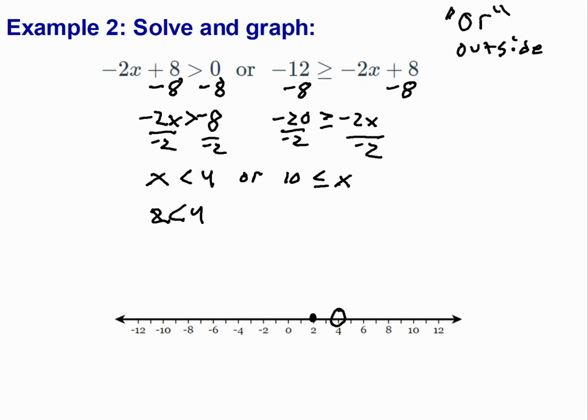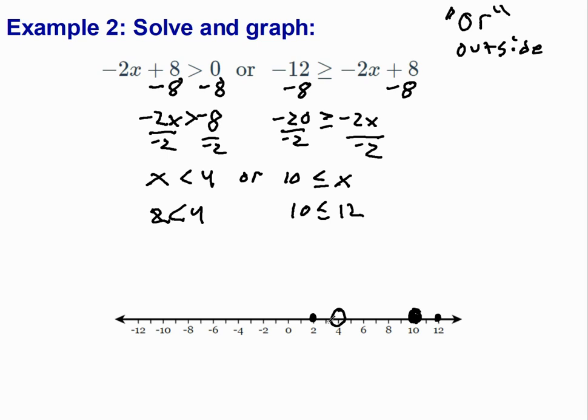And then 10 is less than or equal to x. I'm trying to think, what's a number that 10 is smaller than? Well, 10 is smaller than 12. So if I put my circle at 10, this one gets filled in because there is an equal to bar, and a dot at 12. That tells me that I'm going to shade my second inequality over here. That one's going to get shaded to the right.